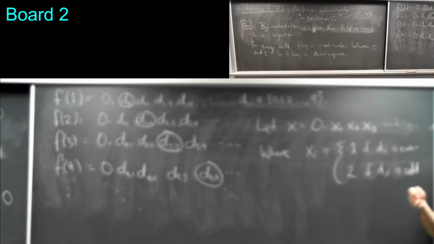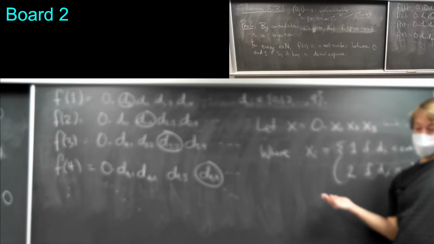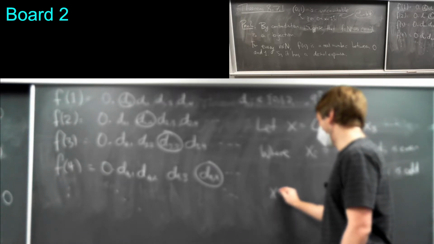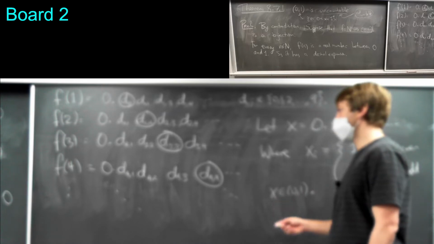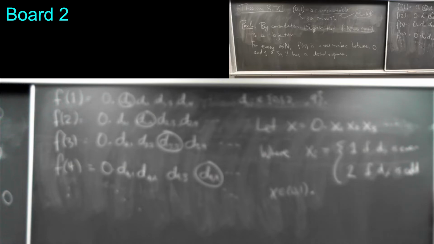So it's like 0.111222121222, some kind of a string of 1s and 2s. Any number like that is a number between 0 and 1, right? So x is between 0 and 1. And so the claim is that no element of the naturals maps to x.